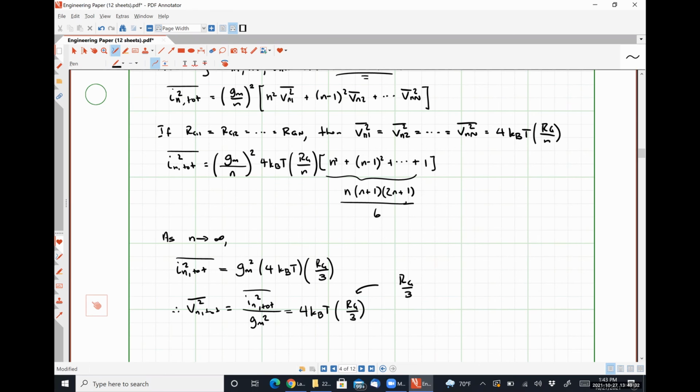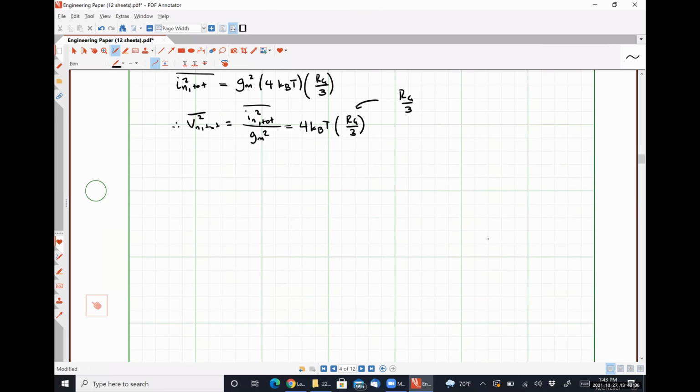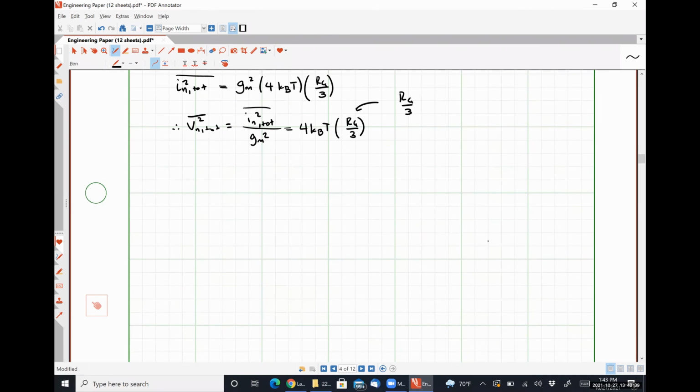So the last thing that I want to talk about today is two ways that we can get around this noise or lower the contribution of this noise. And they are both layout techniques. Okay, so if we have our basic transistor, I'm going to draw the basic one first.